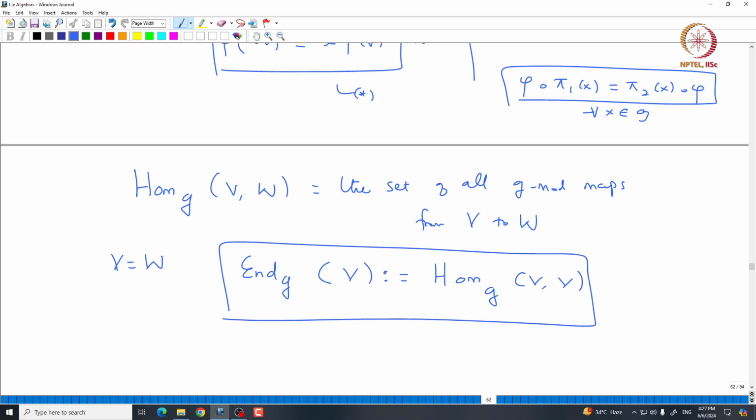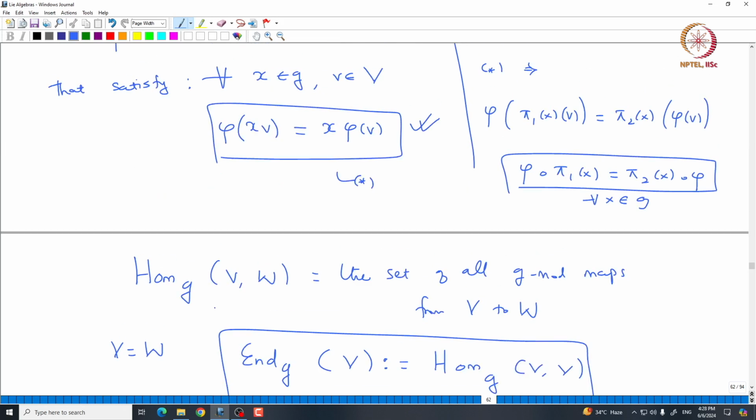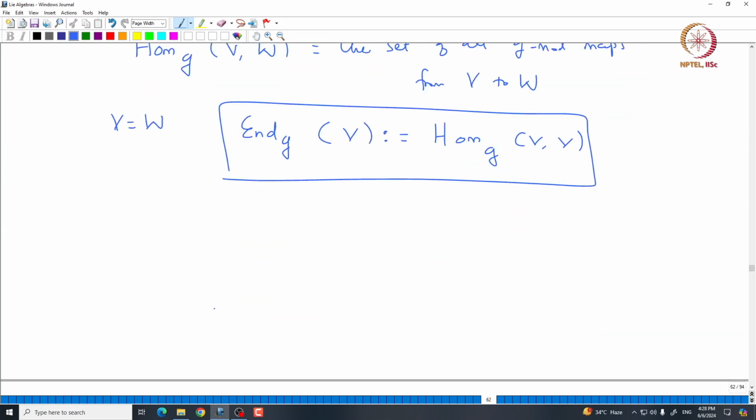Later we will see that given two G modules V and W, this Hom_G(V, W) also becomes a G module using some natural action. But before that, let us define other terminologies. So, here is the isomorphism of G modules.